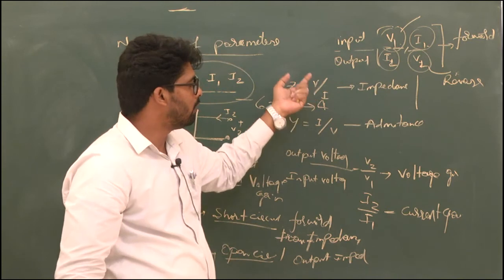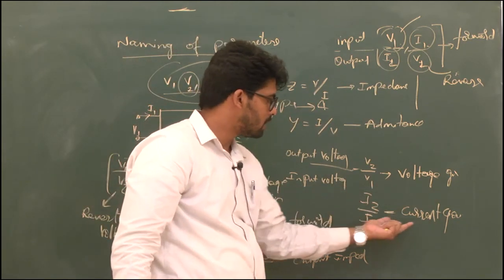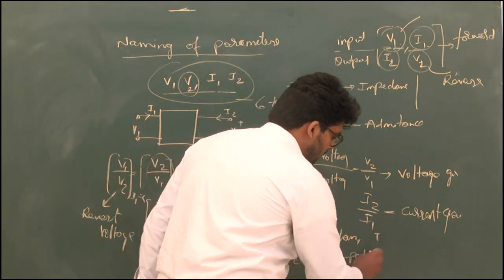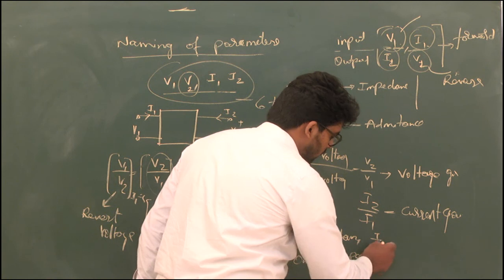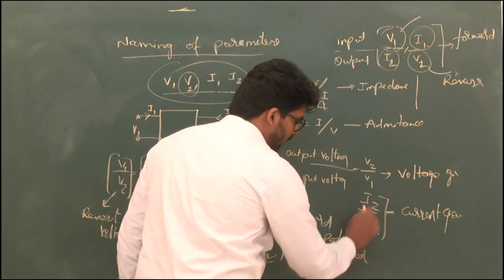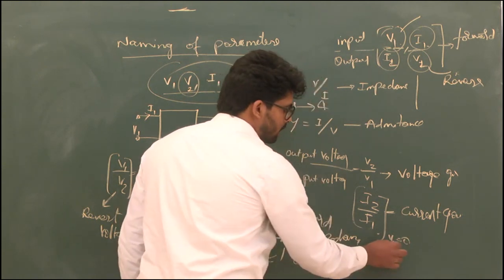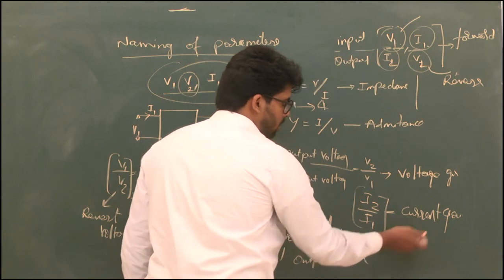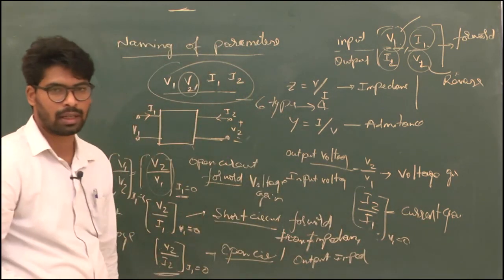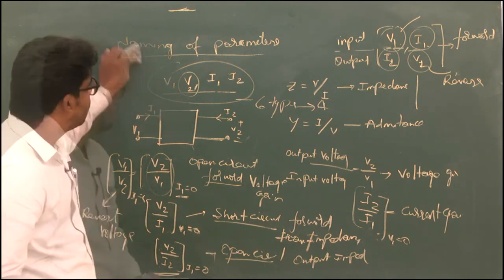If we get similar voltages, we get voltage gain. Similar currents mean current gain. The current gain can be under different conditions. If we take V1 equal to 0, it is called short circuit current gain, a forward gain, and many other things are there. You will come across all these things during the discussion. Okay, thank you.